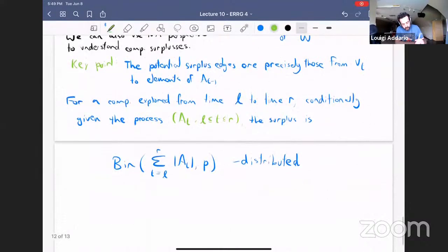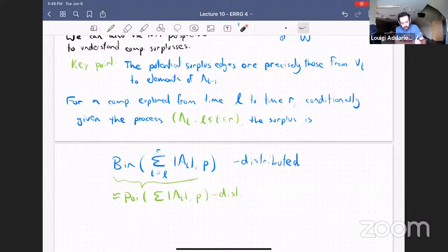Okay, and if we're willing to use the Poisson approximation to the binomial, this is saying that the number of surplus edges is approximately Poisson distributed with parameter p times the sum of A_T.